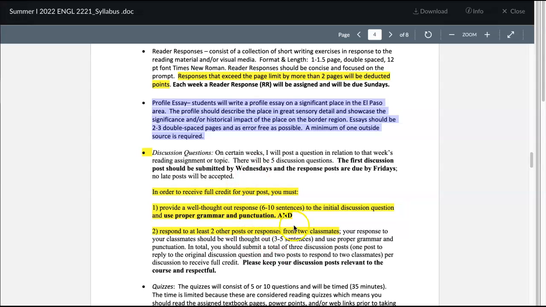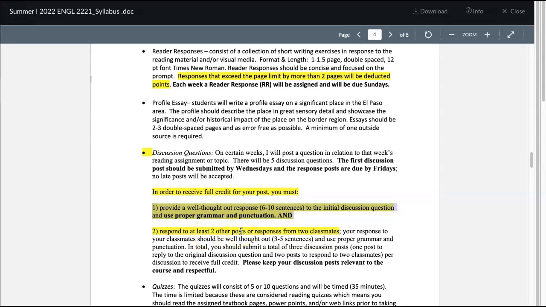So as long as you submit your first response by Wednesdays, it'll show up as submitted on time. If you don't submit your first response by Wednesday, it'll show up as late. So you want to make sure that you submit your first response by Wednesdays, and then your second response, which is you replying to 2 classmates, by Fridays.